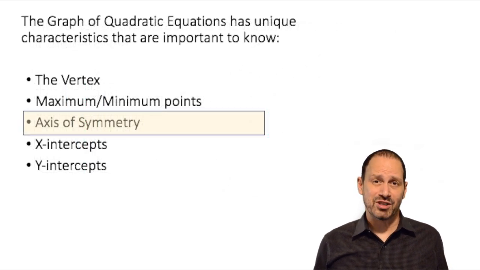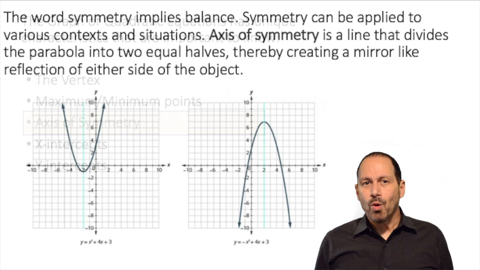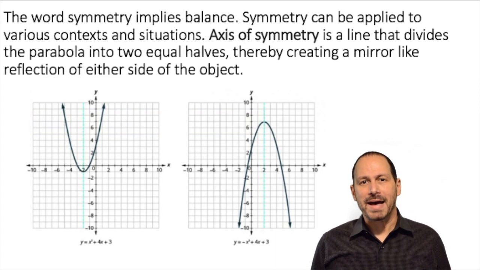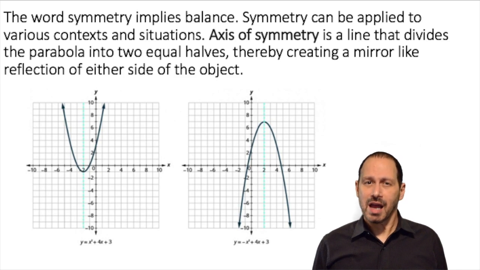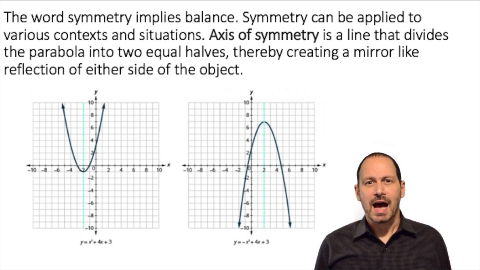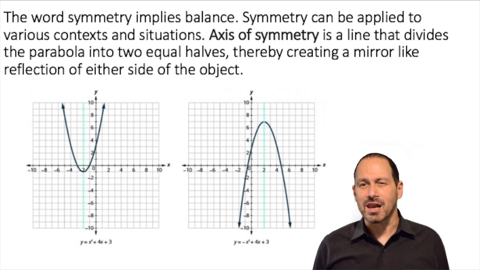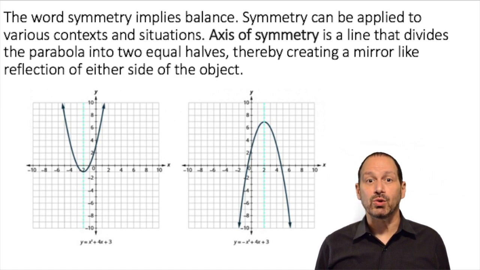Axis of symmetry. The word symmetry implies balance. Symmetry can be applied to various contexts and situations. In a parabola, the axis of symmetry is a line that divides the parabola into two equal halves, thereby creating a mirror-like reflection of either side of the object.